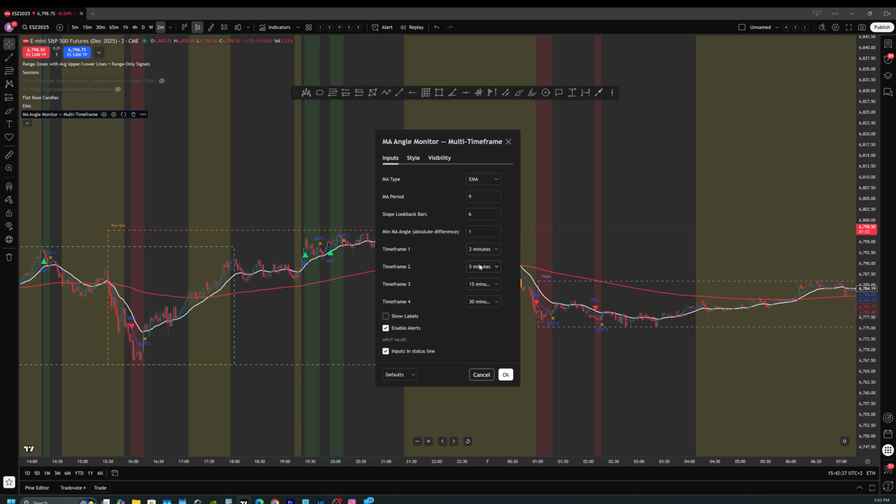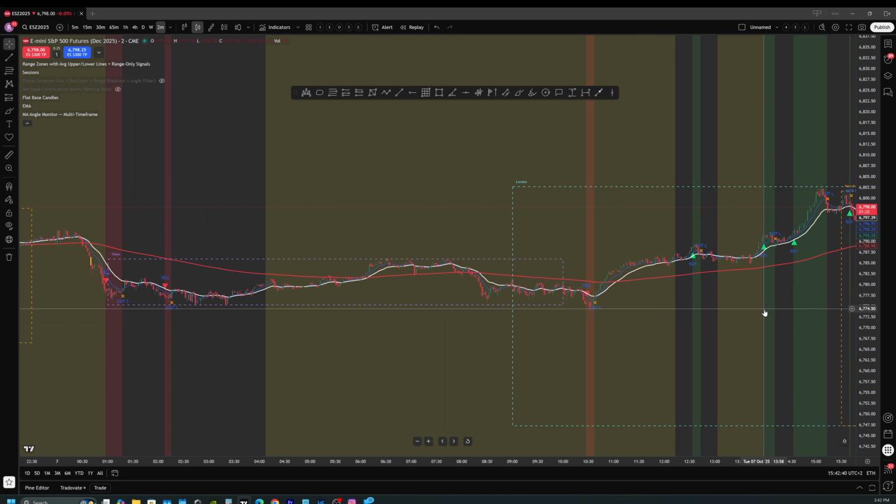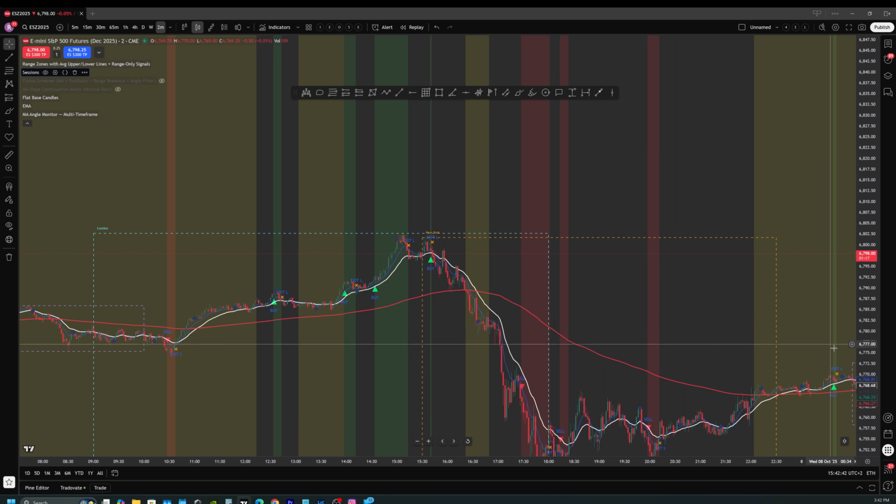This one is for 2, 5, 15, and 30 minutes, the EMA 9, with slope look back bars of 6. So on 6 bars, it looks back and looks at the angle of the moving average.